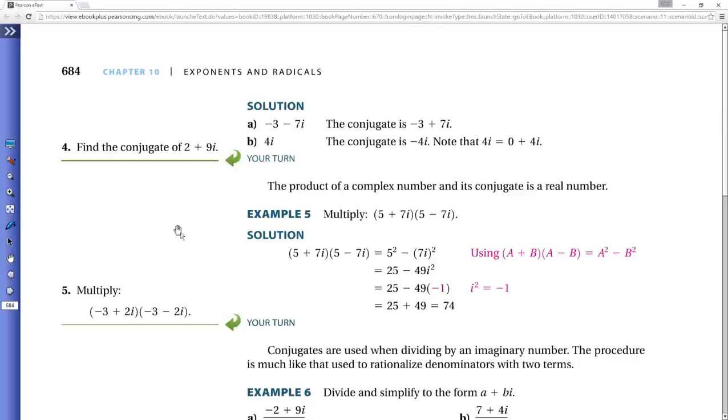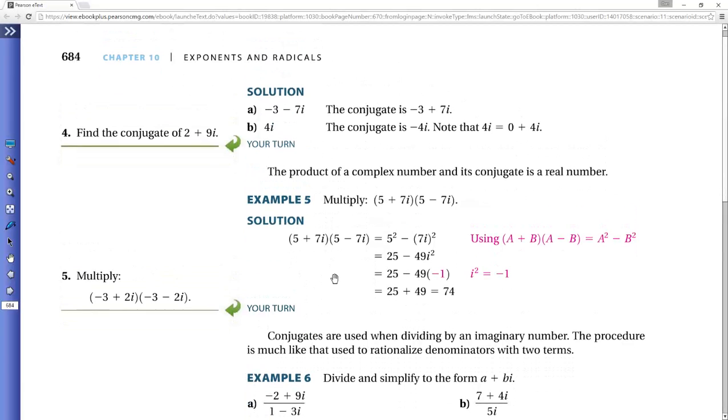So the first part of this lesson is to get the conjugates, or what I like to say, its partner in the difference of squares type of multiplication, right? So if I have negative 3 minus 7i, its conjugate is negative 3 plus 7i.